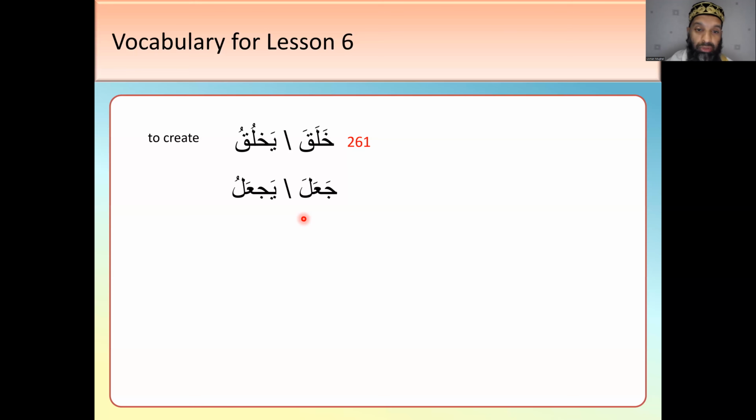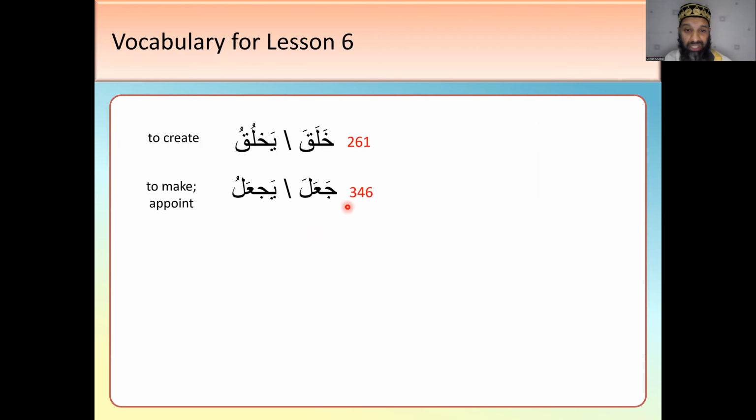Ja'ala means to make. Allah subhanahu wa ta'ala in the Quran says, وَإِذْ قَالَ رَبُّكَ لِلْمَلَائِكَةِ إِنِّي جَاعِلٌ فِي الْأَرْضِ خَلِيفَةً. Allah subhanahu wa ta'ala said to the angels that I'm going to make a khalifa on the earth. So make, it's in the Quran.